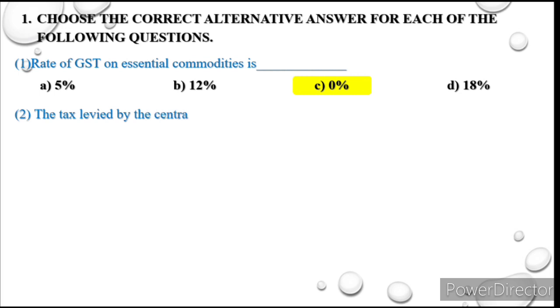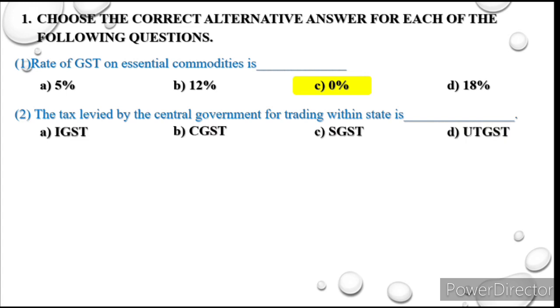Second, the tax levied by central government for trading within state is dash. Central government means CGST. So options are given, and the correct option will be CGST. GST system was introduced in our country from, which means it was brought into law on which date.